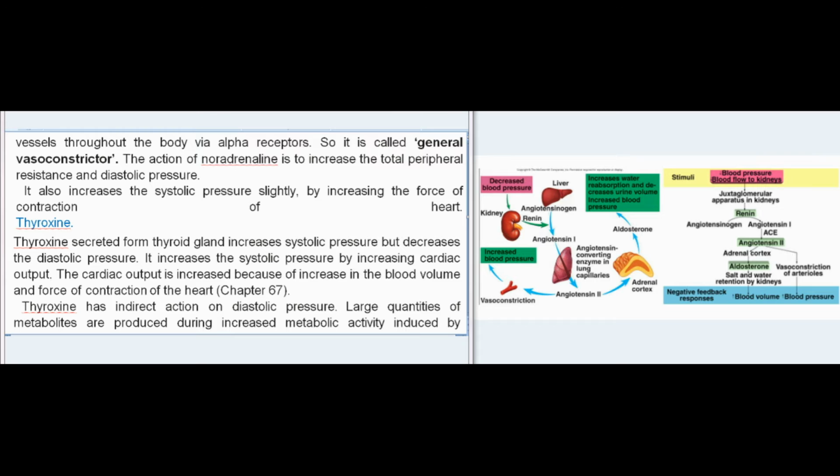Thyroxine. Thyroxine secreted from thyroid gland increases systolic pressure but decreases the diastolic pressure. It increases the systolic pressure by increasing cardiac output. The cardiac output is increased because of increase in the blood volume and force of contraction of the heart, Chapter 67. Thyroxine has indirect action on diastolic pressure.